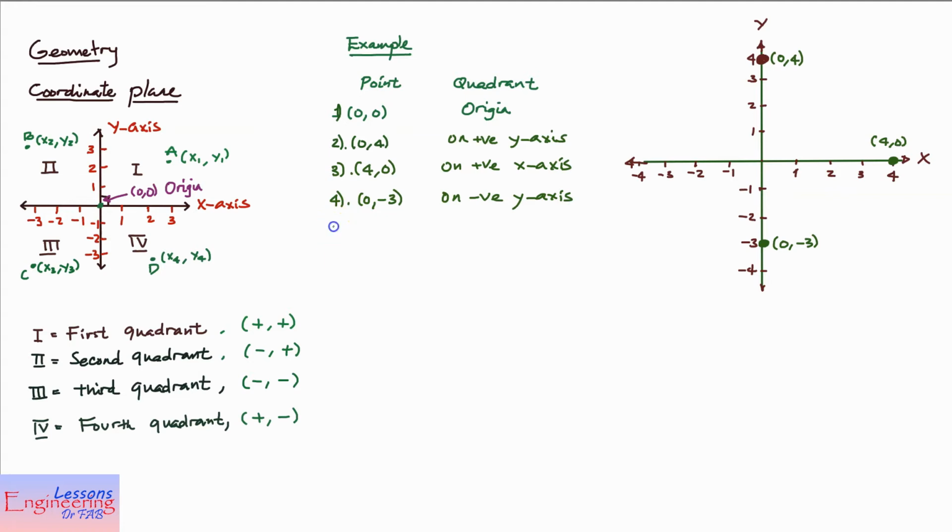Example 5: let's take minus 3, 0. Here x is minus 3 and y is 0. At this point, y is 0.